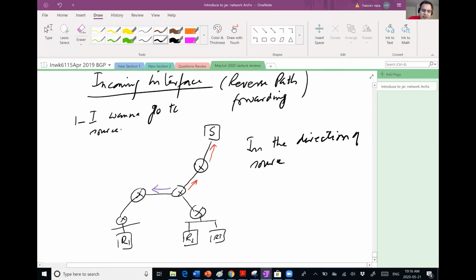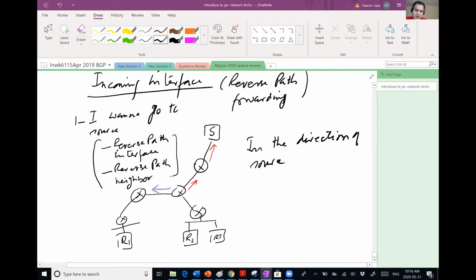In order to do that, I have to make two things known to me. At every stage, I will choose a reverse path interface and a reverse path neighbor. Two things. So here I have two interfaces: an interface which is red and an interface which is purple.